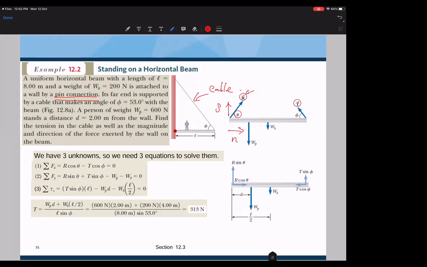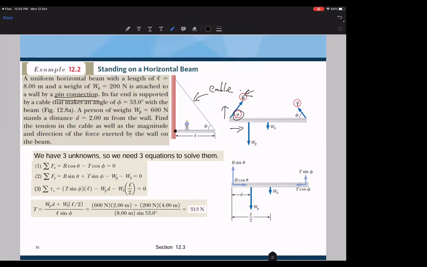So that is why you have the force R at an angle theta, because we do not know what is the ratio between the normal force on the wall and the vertical support force by the pin. In any case, they add up together in a vector sum.